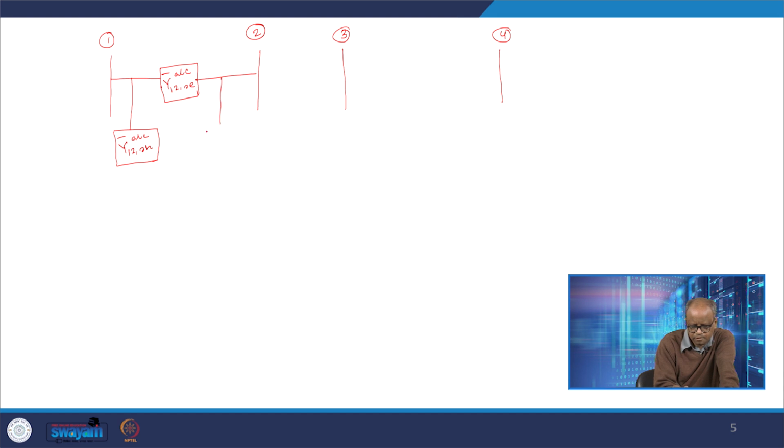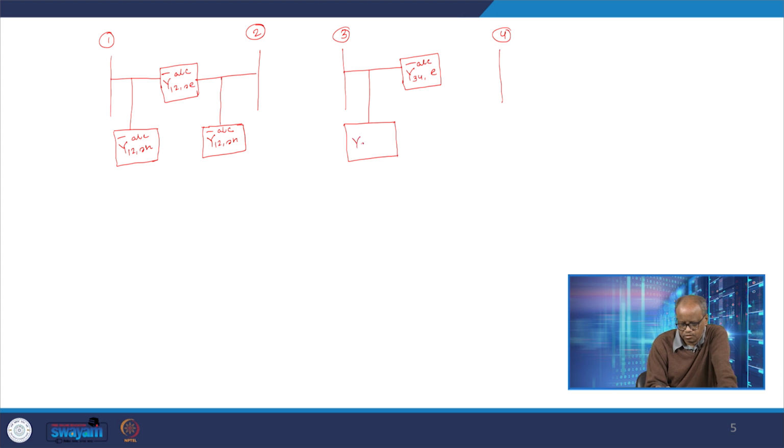Here also I have Y1 2 shunt ABC. Between bus 3 and 4 we have Y3 4 AC ABC, and this is Y3 4 shunt, and this Y3 4 shunt.